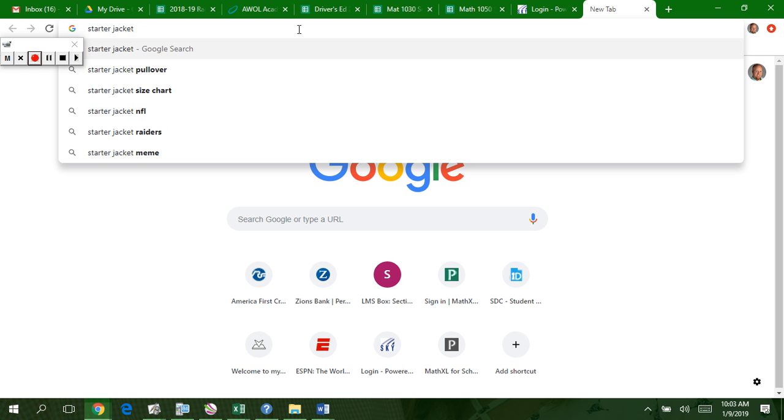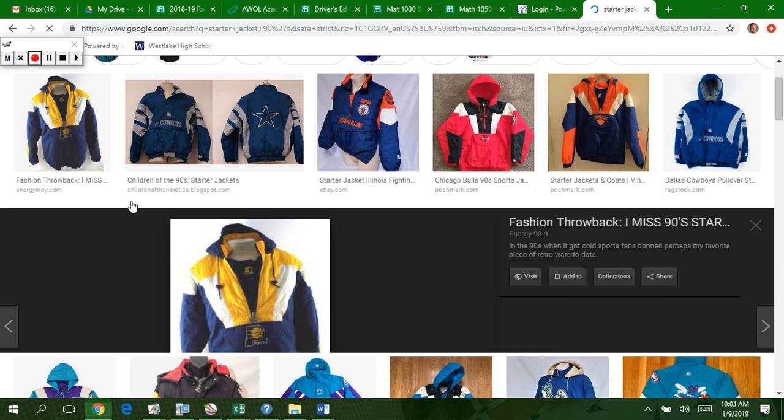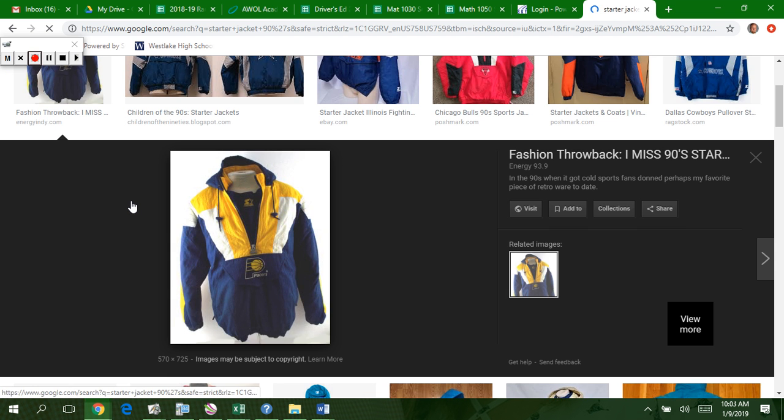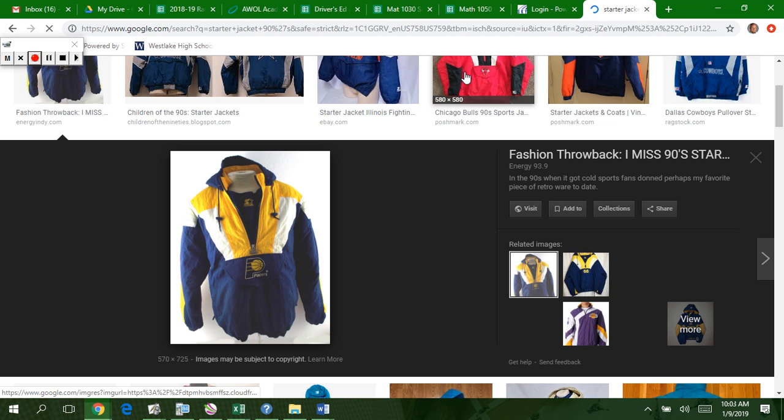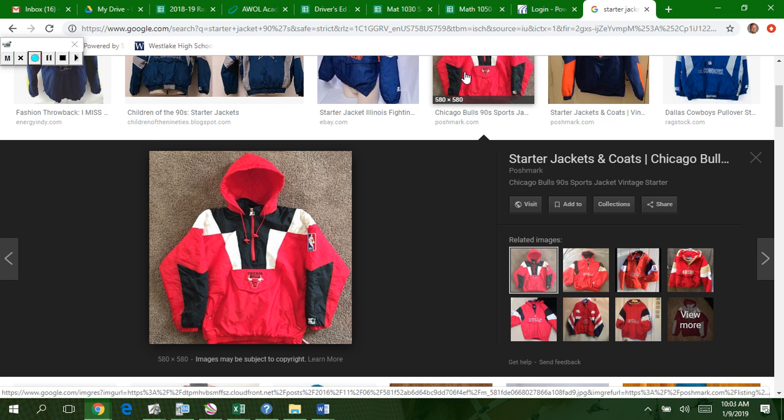Remember those things, man? I had a 49ers one. No, this was like $150 back in the 90s. I had like one every year. My mom was so mad I asked for one. That lovely little starter jacket right there.